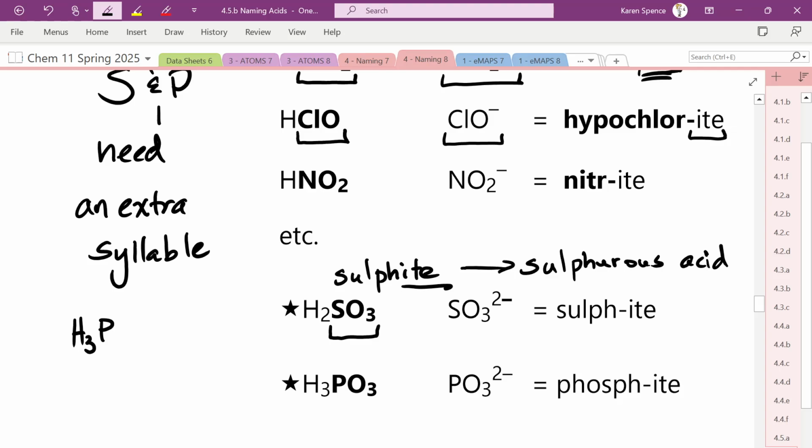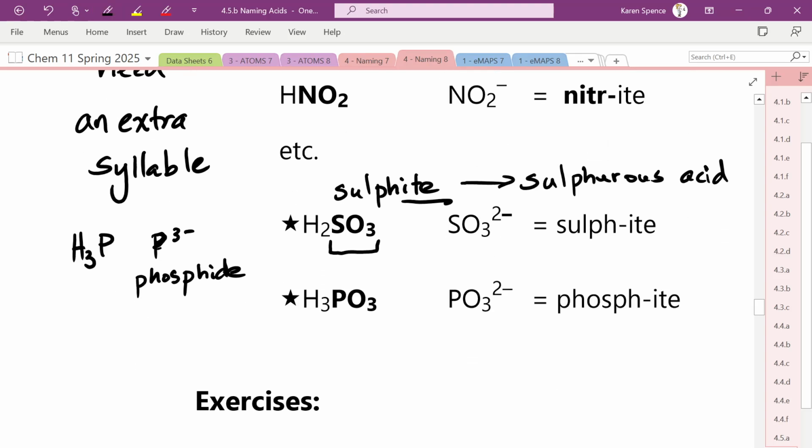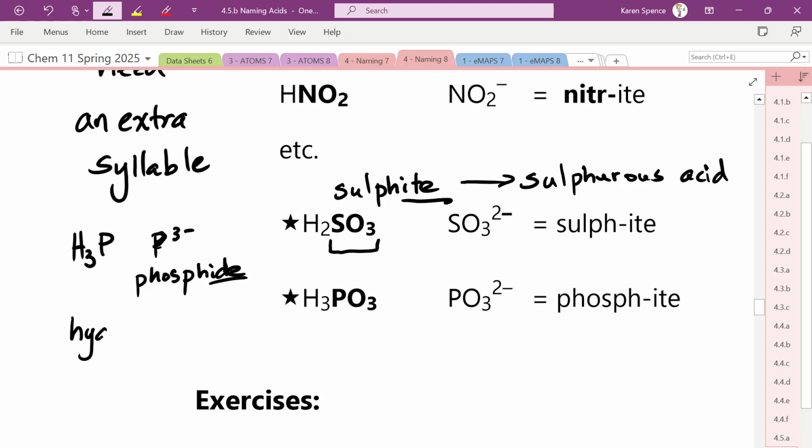Same thing with, let's say we had, let's do now H3P. What's the name of the P ion? P3 minus is phosphide. Okay, and so now it's an ide, so my ride has hydraulics. So I need to call this hydro.